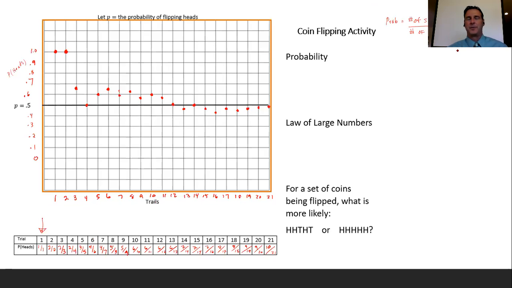Okay, and not that that's wrong, that's true, but we're gonna have a little bit more sophisticated definition for probability as we take this college level AP statistics class.